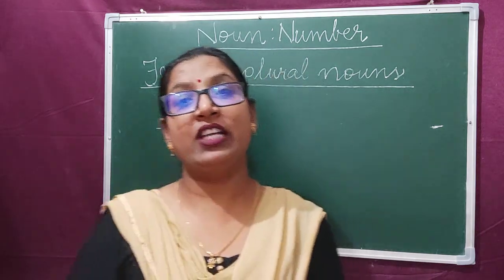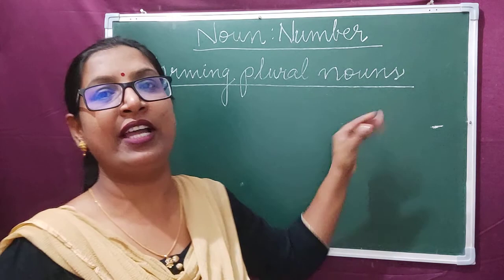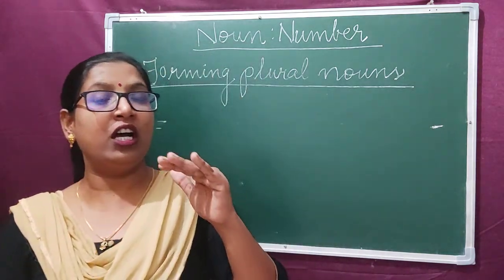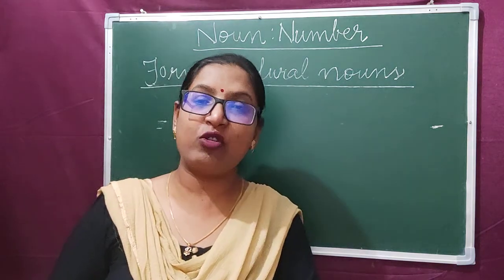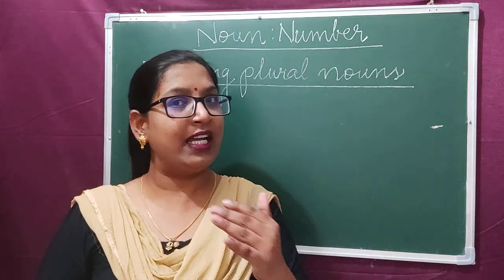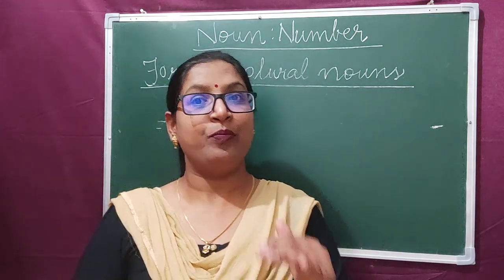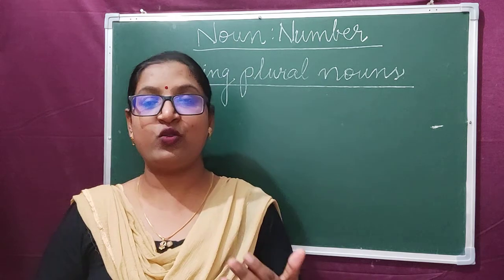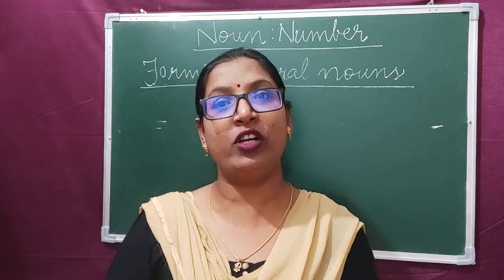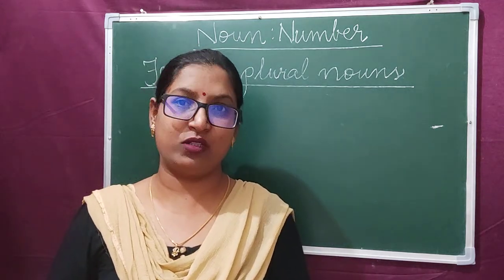And dear children, in today's class we'll study forming plural nouns. There are certain rules for forming plural nouns. From singular nouns only we make the plural forms. And in the previous class also I explained to you that the nouns to which we add s or es to make their plural forms are called regular nouns.